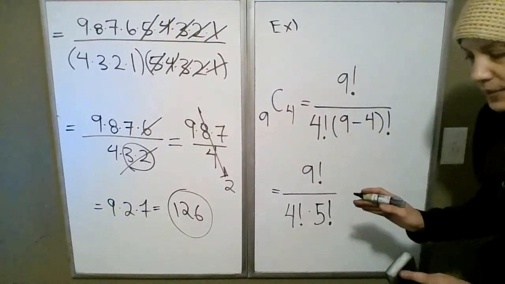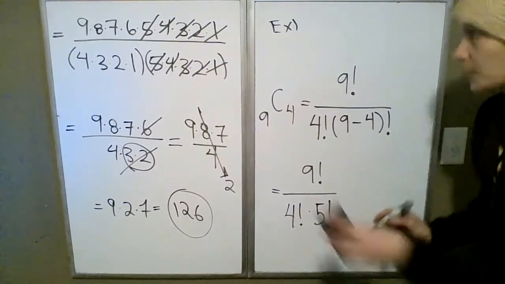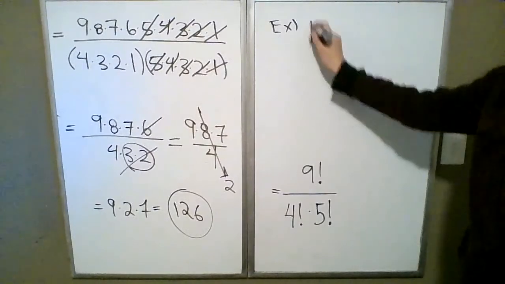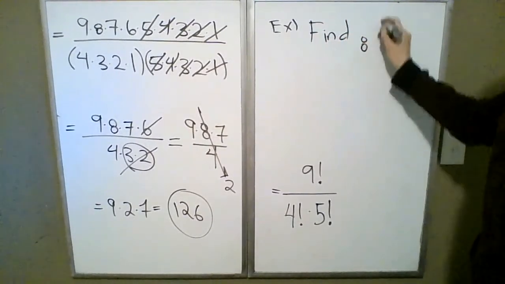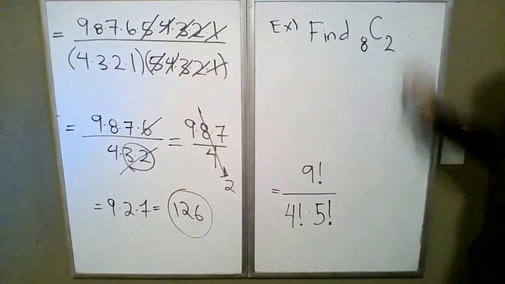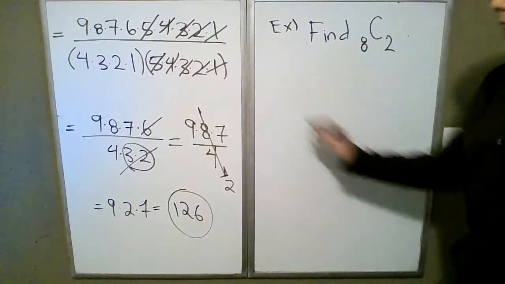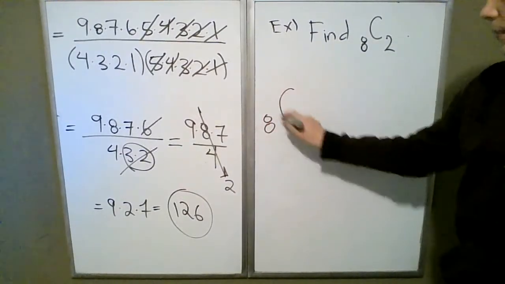Just to get used to the formula, we want to work on simplifying 8 choose 2. Out of 8, we want to choose 2.